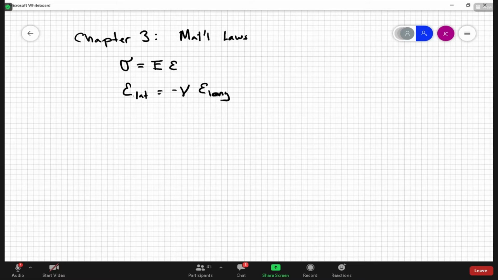But then, of course, there was also the analog to Hooke's law, but for shear, right? So it's, again, just a simple linear homogeneous relationship between the shear stress and the shear strain through the shear modulus G, okay?